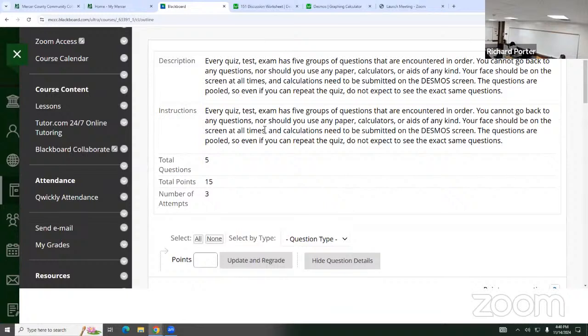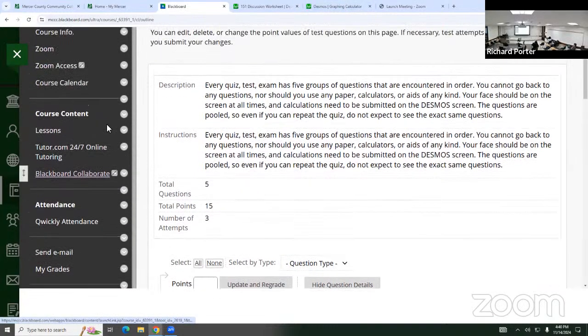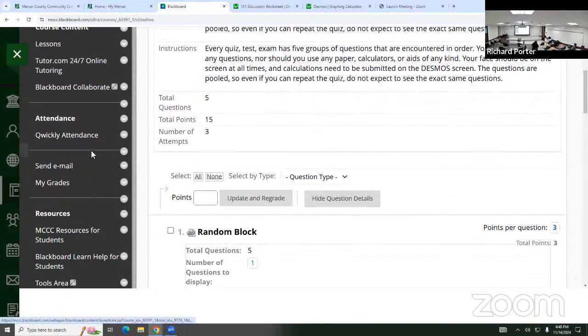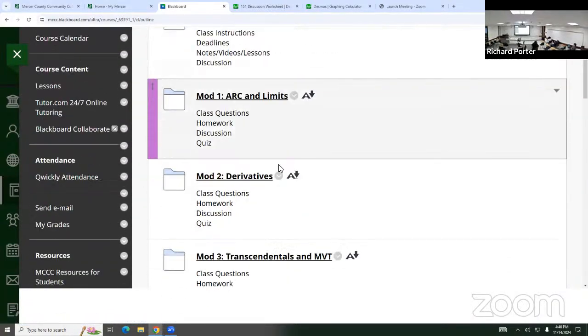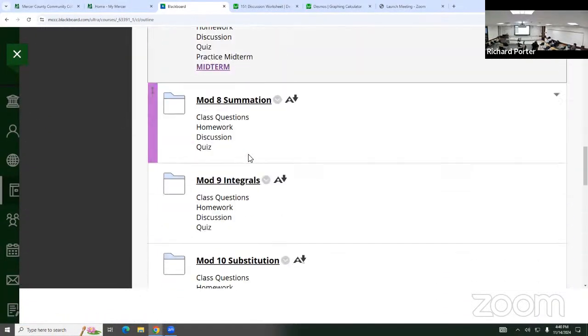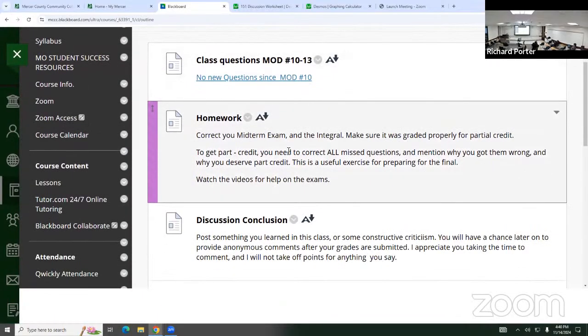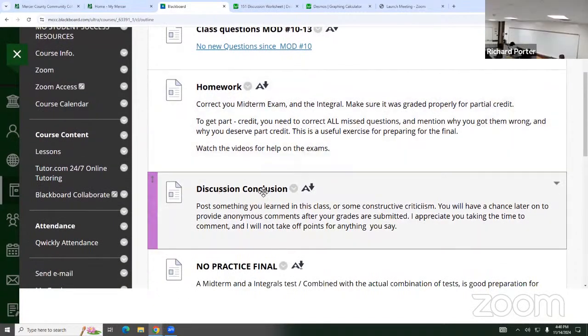Anything else that we need to go over? You'll finish that quiz next week and then I start reviewing. Let me take a look at mod 11, 12, and 13, because I don't think there's anything in there but review stuff. Correct your midterm, watch some videos. There's a conclusion discussion, which is just your feedback.